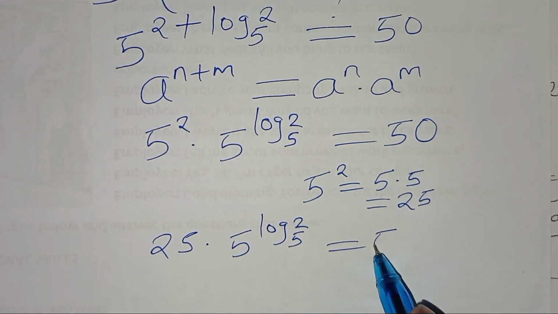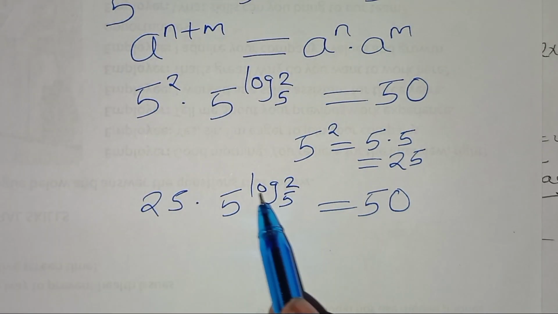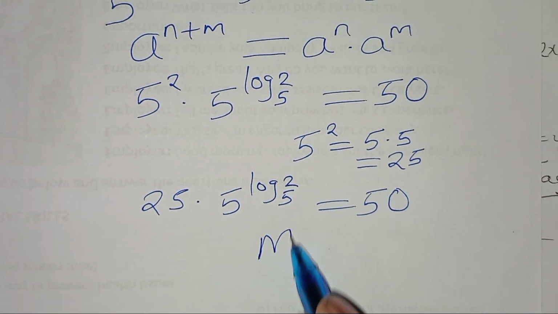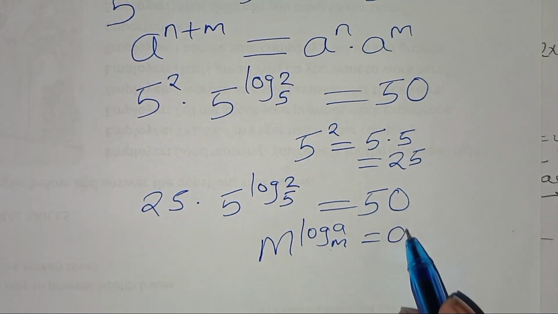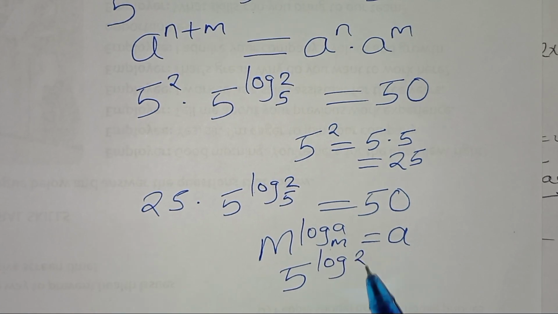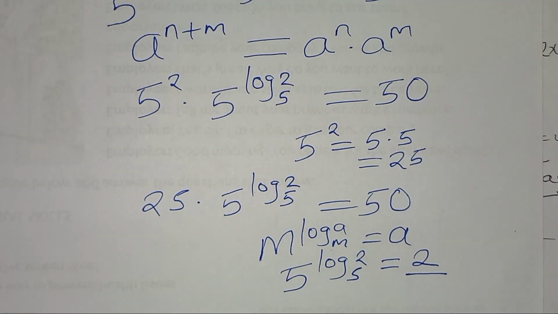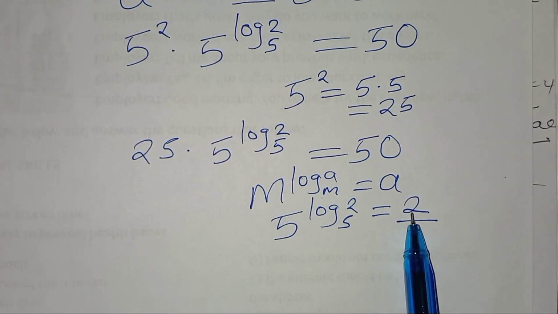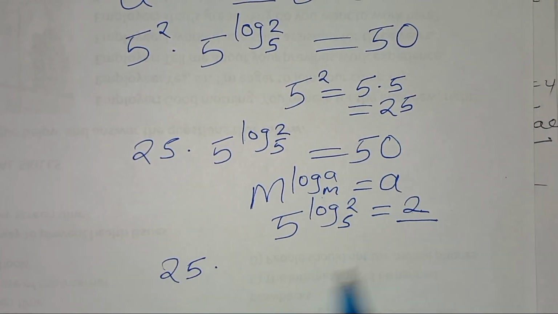This should give us a value of 50. Now 5 to the power log 2 to base 5 is in the form of m to the power log a to base m, which is equal to a. So it follows that 5 to the power log 2 to base 5 is supposed to give us a value of 2. Now, by substituting this, here we'll have 25 multiplied by 2.